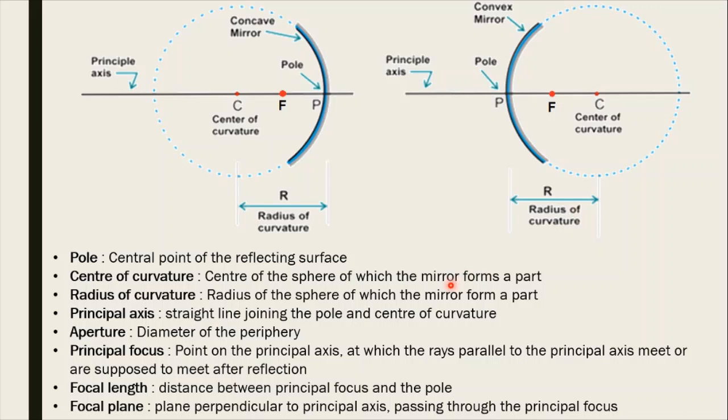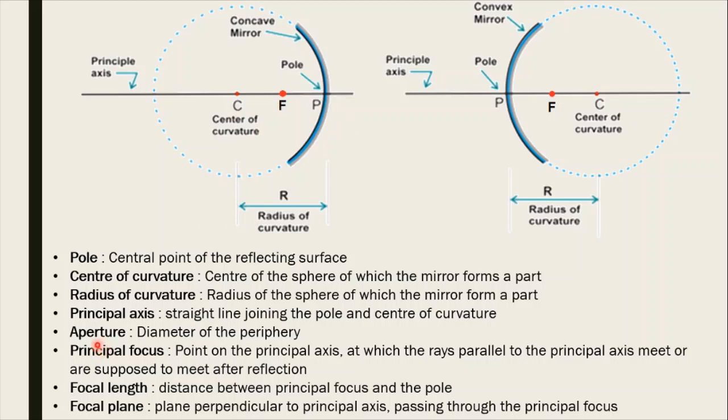The principal axis is the straight line joining the pole and the center of curvature of the mirror, and it is extended on both the sides. Over here we can see that PC, which is extended on both the sides, is called the principal axis.